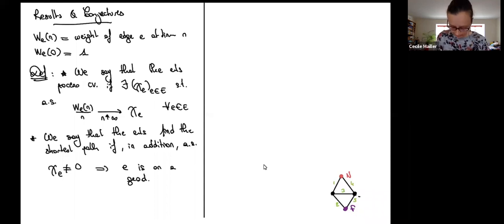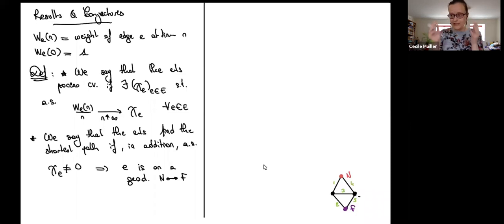Geodesic just means shortest path between N and the source of food. So it means that edges that don't lie on the shortest path between N and F have a renormalized weight that converges to zero, which means that asymptotically, when the number of ants goes to infinity, a proportion zero of the ants are going to cross that edge. So this means that we find the shortest path. The algorithm outputs the shortest path as being the set of edges that have a renormalized weight that doesn't converge to zero.